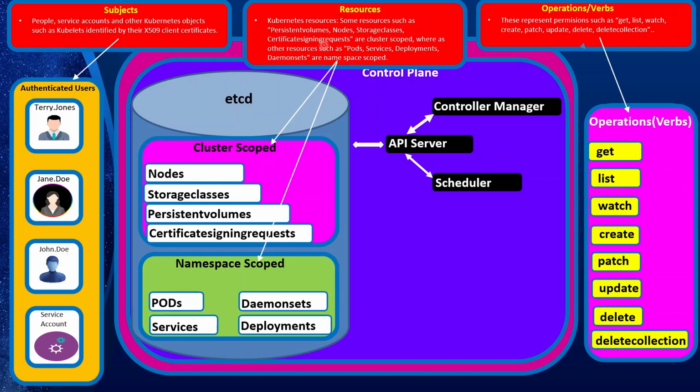Basically, RBAC consists of giving people or service accounts access, and that access could be permissions such as get, list, watch, and so on, to specific resources. That's really the whole basis for role-based access control. Now, note that the resources in Kubernetes are represented as a RESTful service.